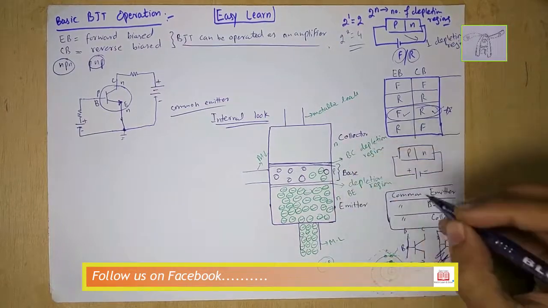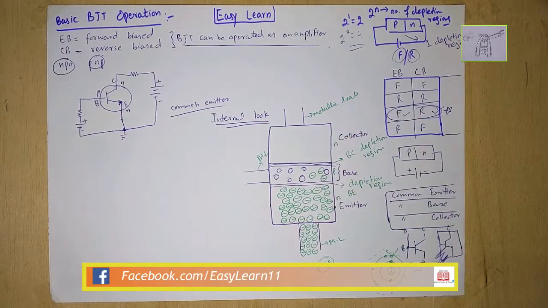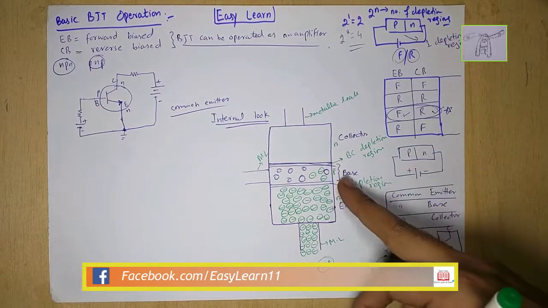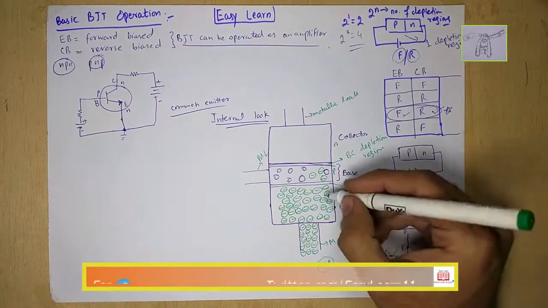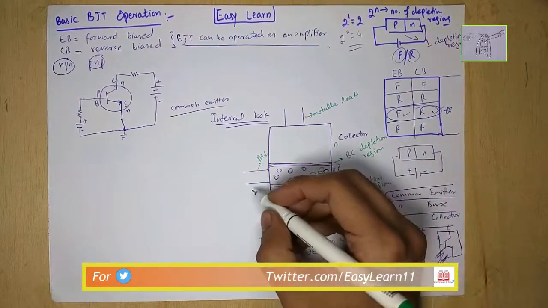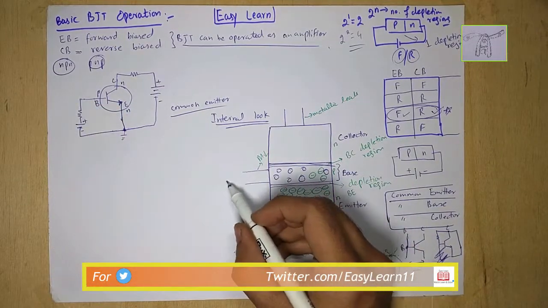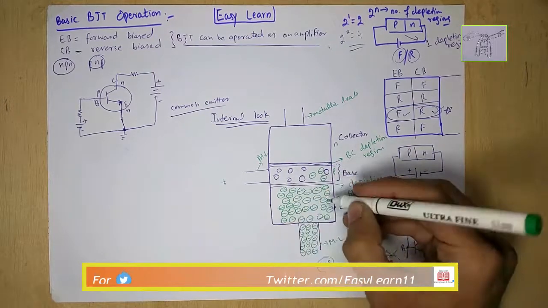The depletion region is really very narrow, so there are not too many holes, but as you know, P type has a maximum of holes because it is positively charged with very few electrons. Moreover, it is also connected with the positive side of the battery. This is the positive terminal, and the positive is continuously providing holes.